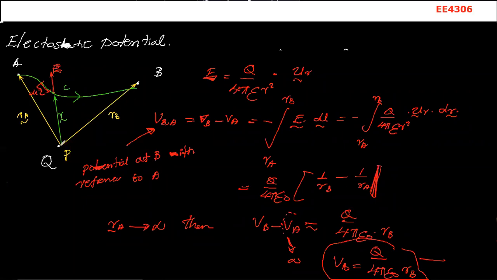If you locate the point charge at the point P, due to this point charge, the potential at point B you can write down something like this.